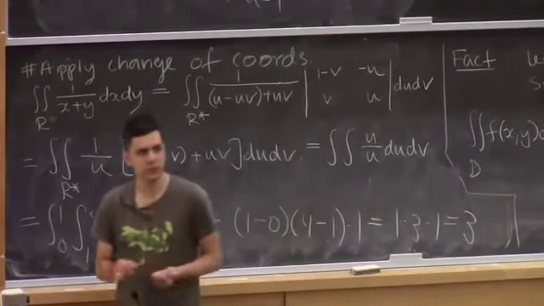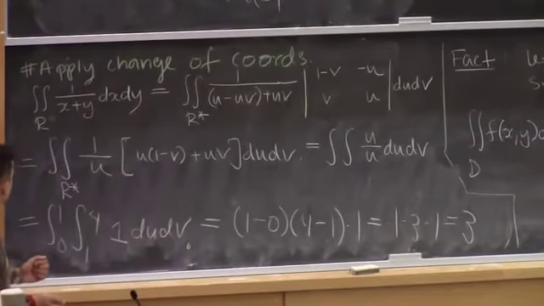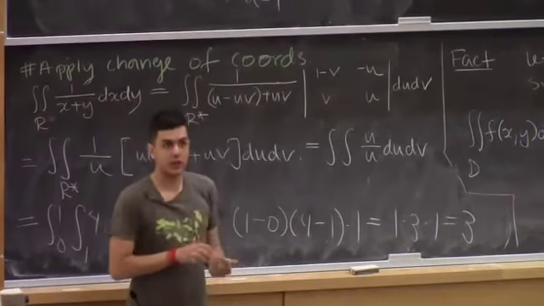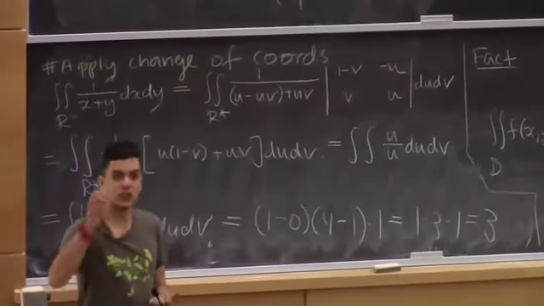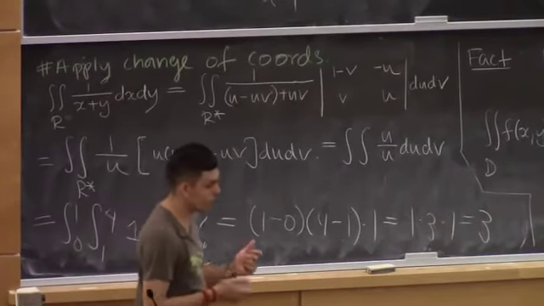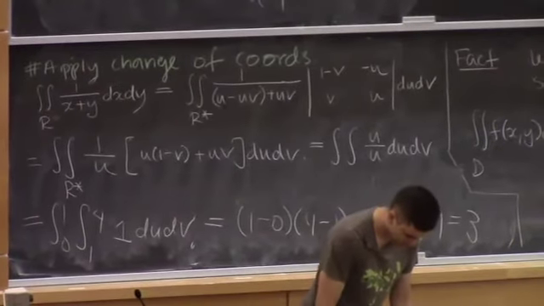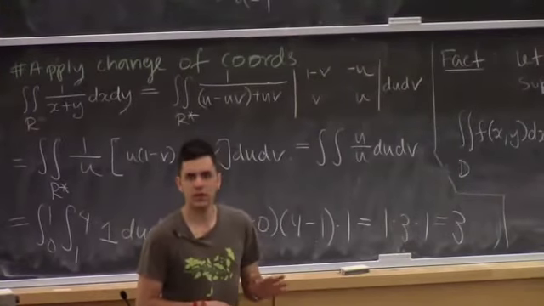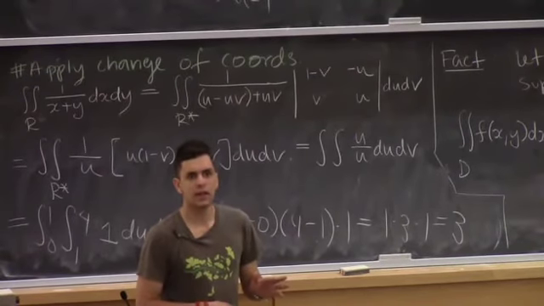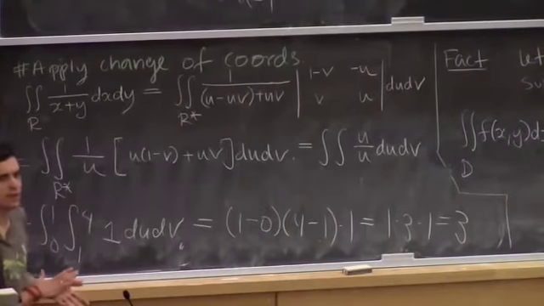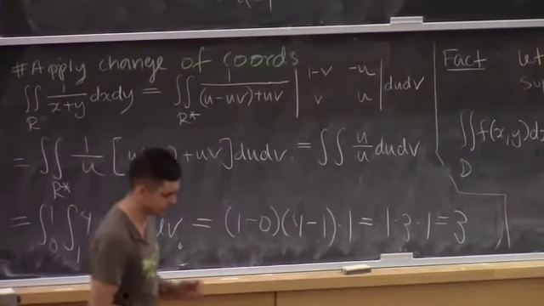Sorry, we should integrate out to 3 in the end, which is the total area of that R star. Okay, so when we do our coordinate transformation, we're really just integrating 1 the whole time. Okay, questions there or thoughts there? Okay, sweet.